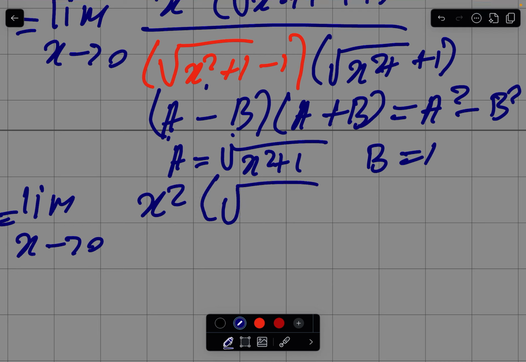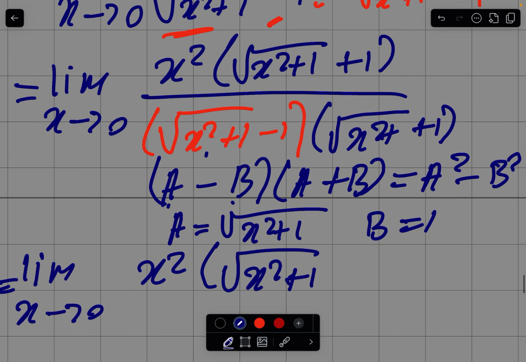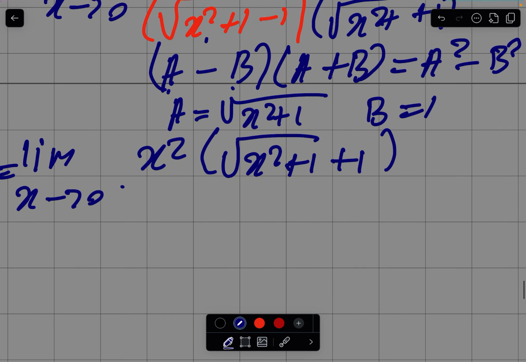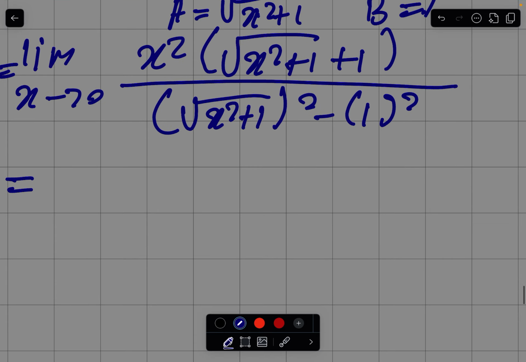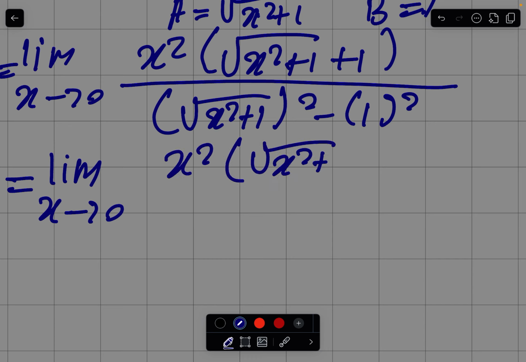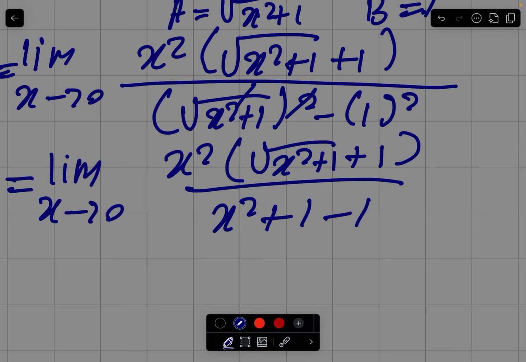We're going to have x squared into square root of x squared plus 1 plus 1 again. Then the whole divided by what? You are going to substitute these things here. You are going to have square root of x squared plus 1 all squared minus 1 squared. Understand? We're going to have the limit as x approaching 0 of x squared into square root of x squared plus 1 plus 1, all divided by what? This one cancels this one, x squared plus 1 minus 1.